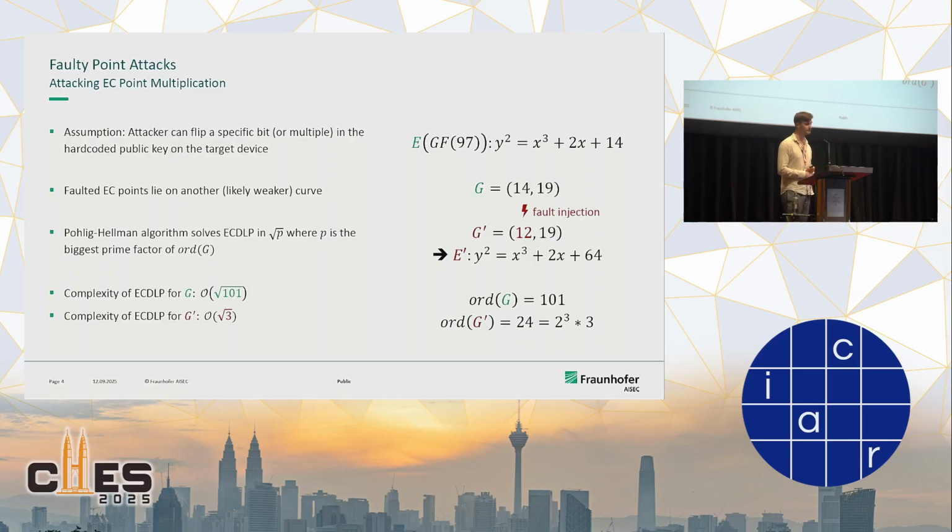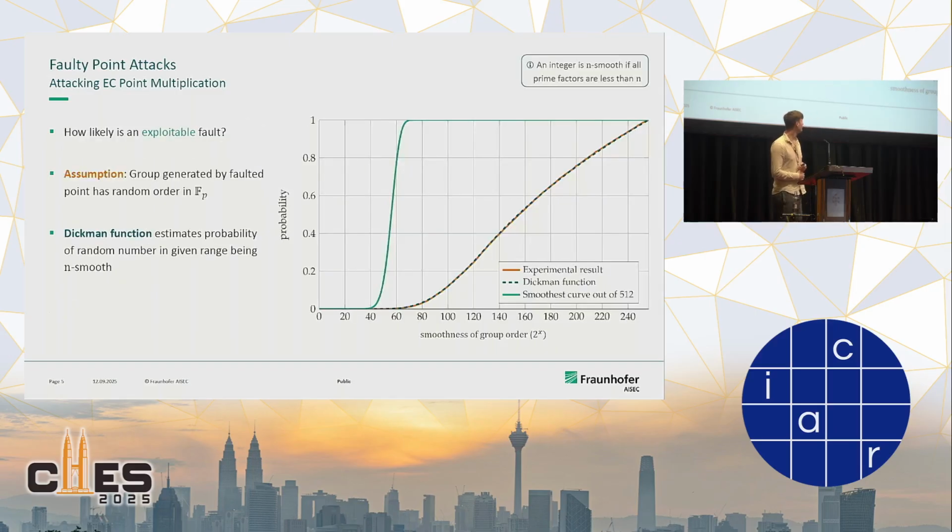so we can much more efficiently solve the ECDLP for that faulted point. Now, the next question we might ask ourselves is how likely is it to find an exploitable fault? We performed this experiment with this orange line that's going right along the dotted blue line.